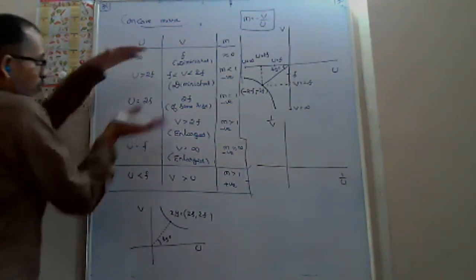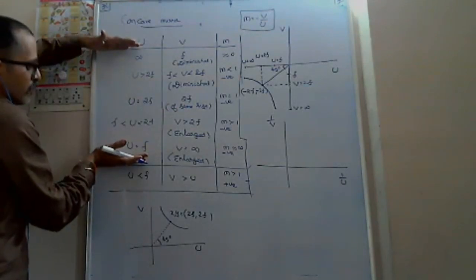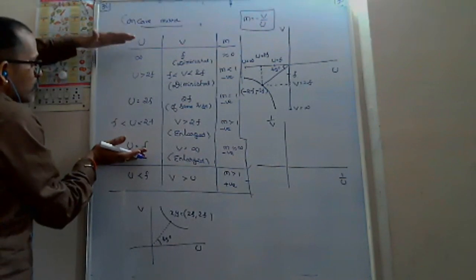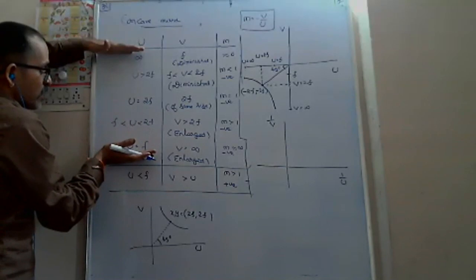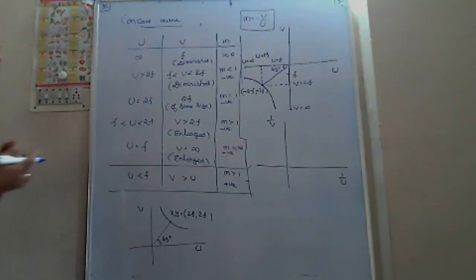Okay? Yes, sir. And here, suppose you have drawn the graph from here to there only now. You started the graph from u equals infinity and ended at u equals f. What about the remaining part, if u is less than f?